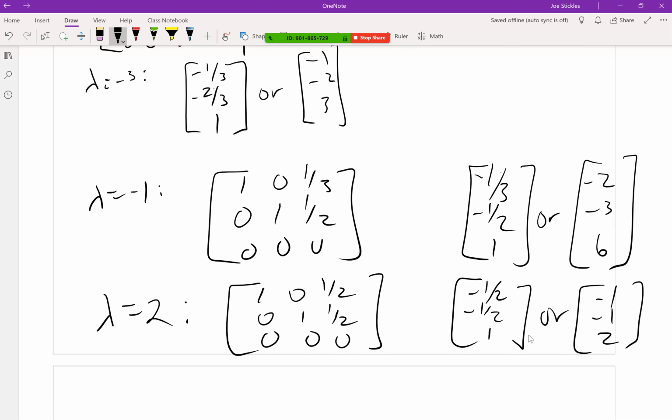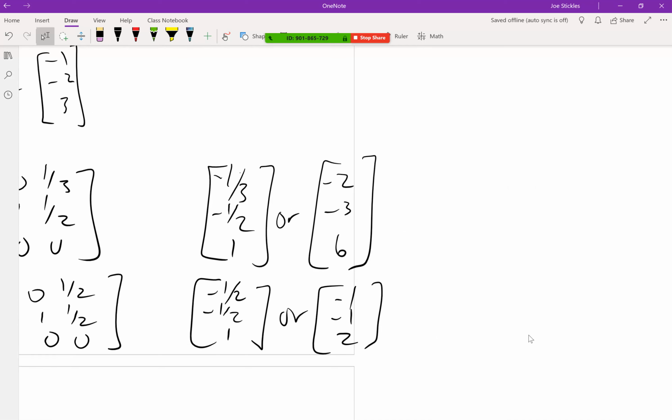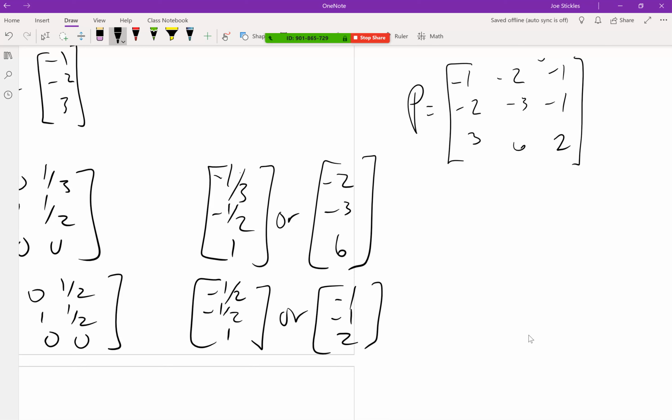So then just to identify what our matrices are here, your P matrix will be the -1, -2, 3, the -2, -3, 6, and the -1, -1, 2. And your D matrix then would be -3, 0, 0, 0, -1, 0, 0, 0, 2.